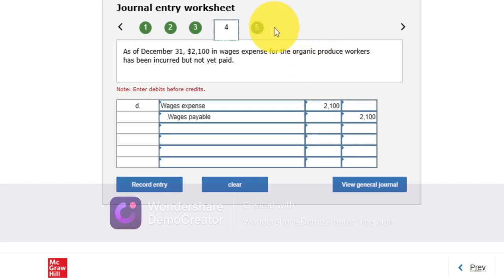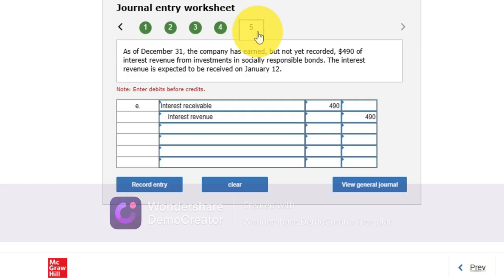In our last case, we are going to talk about interest revenue. As of the 31st of December, the company has earned but not yet recorded 490 of interest revenue from investments in socially responsible bonds. The interest revenue is expected to be received on January 12.